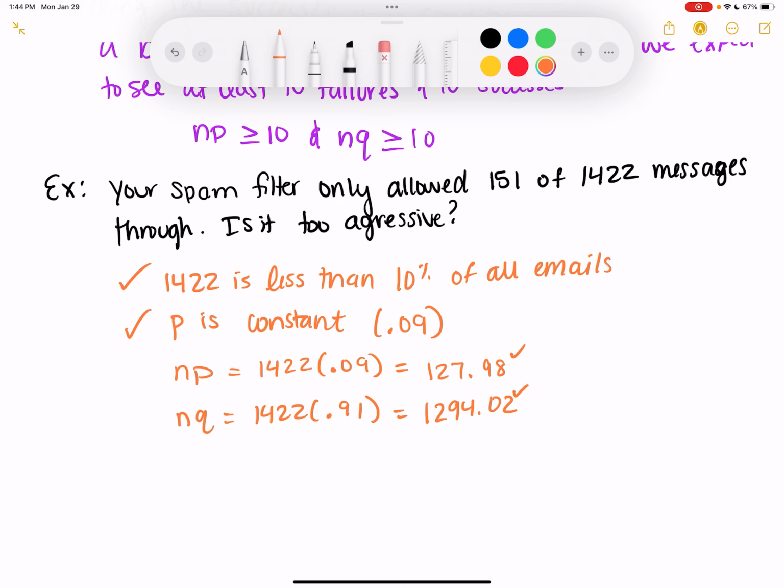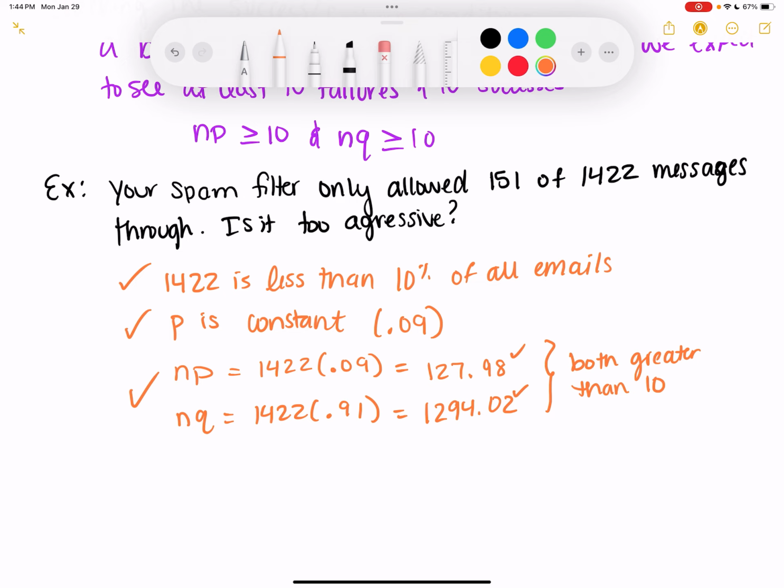So both are greater than 10, so that condition is met.